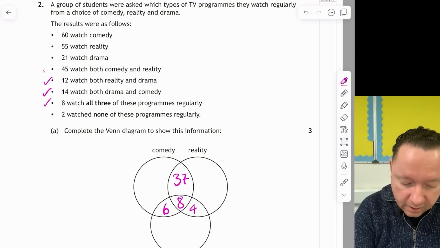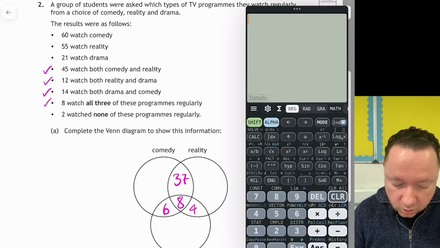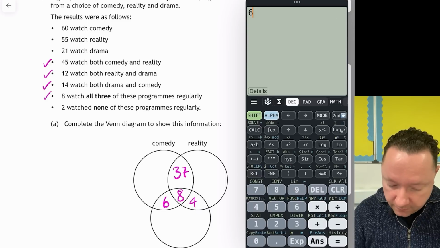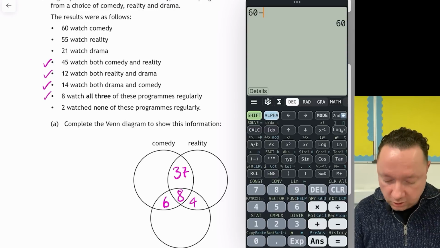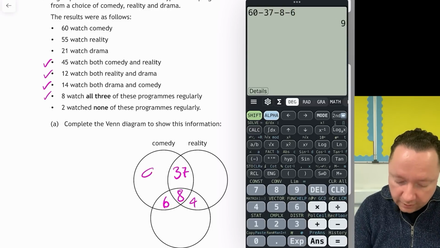So we get them, and then we go for our singles, and this is where a calculator is probably useful. So for comedy, I've got 60, and I take away all the ones in the comedy circle, which is 37, 8 and 6. That gives me 9 for comedy.